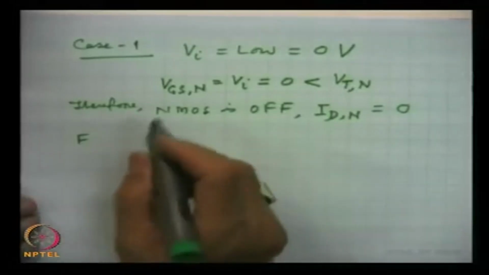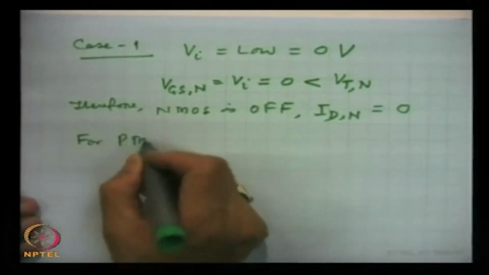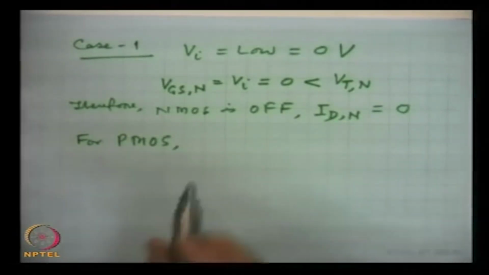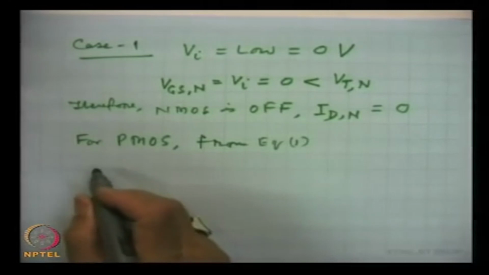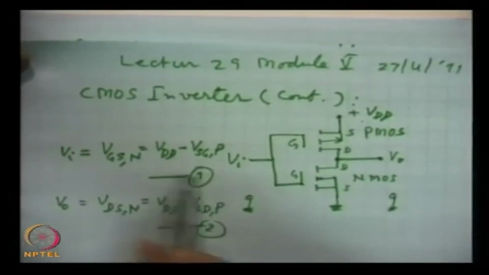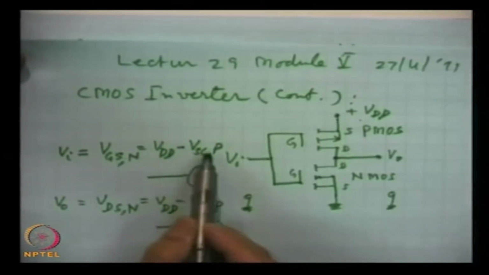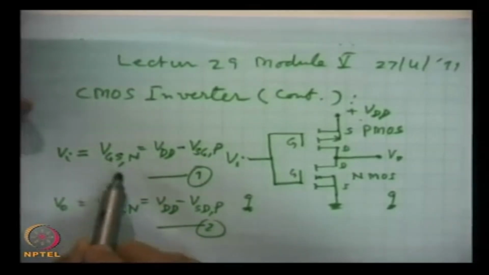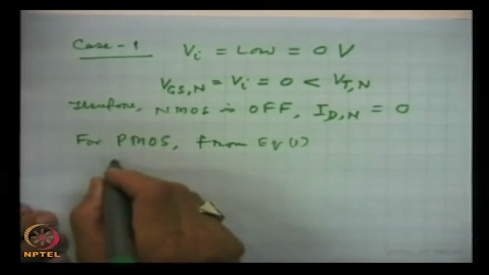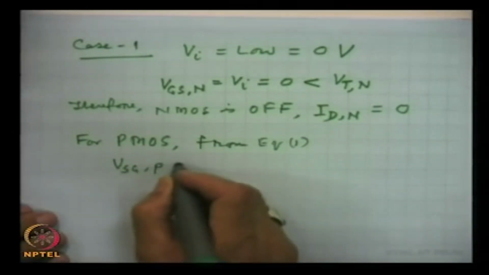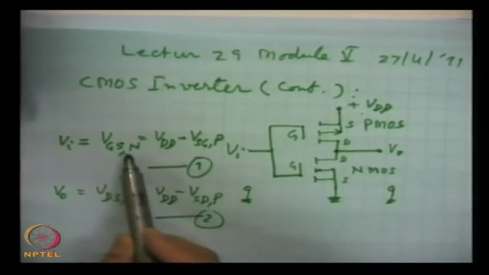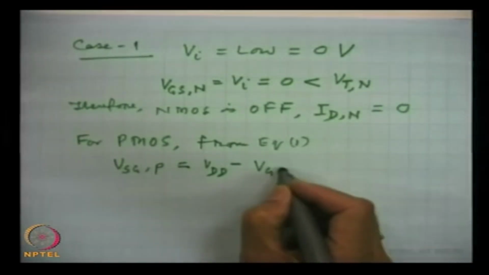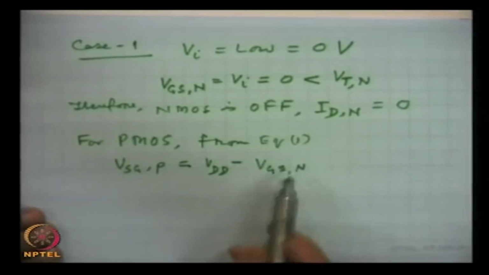For PMOS, from equation 1, we write VSGP, which will be equal to VDD minus VGSN, and VGSN is Vi.